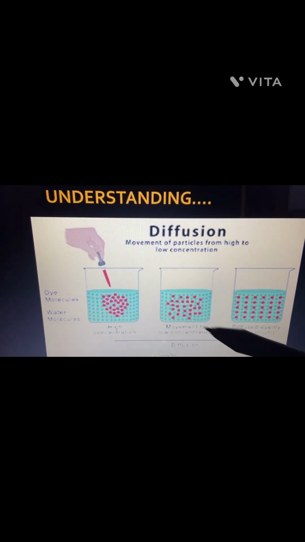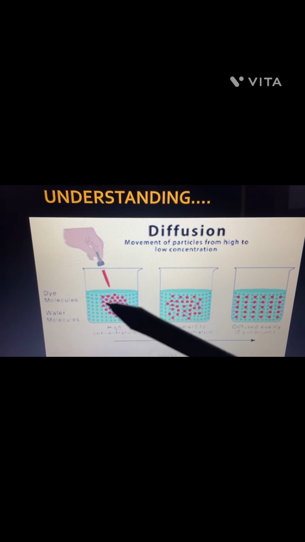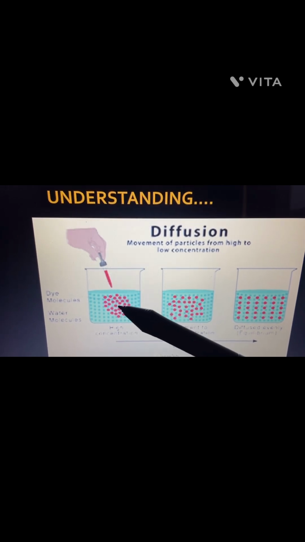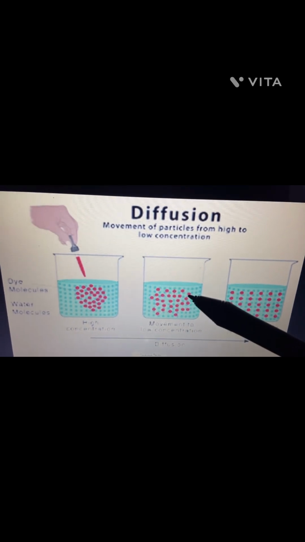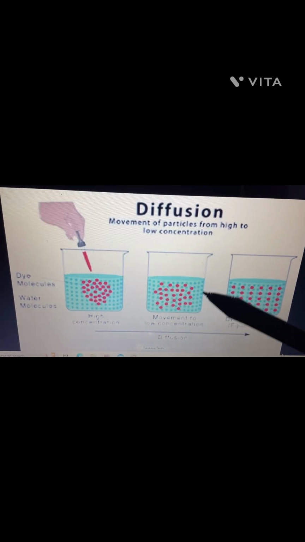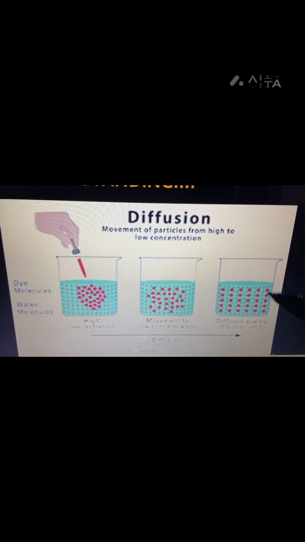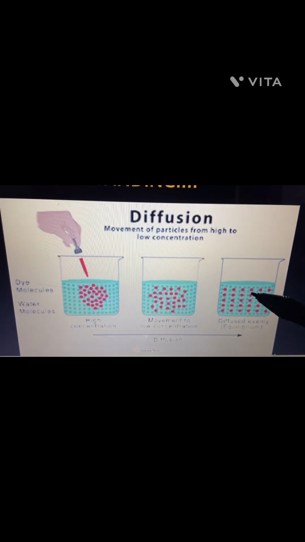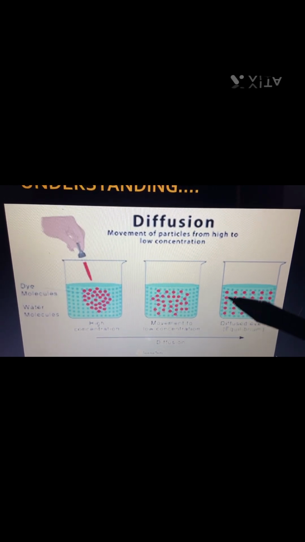Friends, this is beaker 1. You can see the high concentration of the dye molecules. In the second, after some time, what you will observe? The movement to low concentration, and in the third you can see the molecules get equally diffused. This is an equilibrium state where molecules are equally diffused.